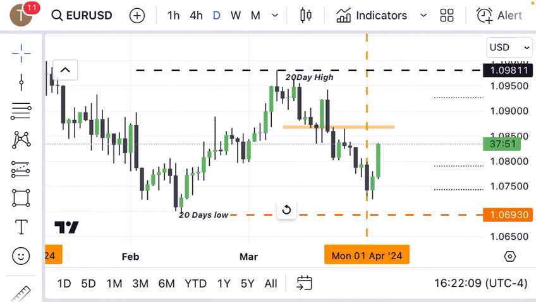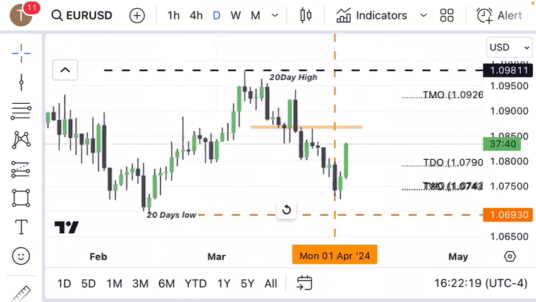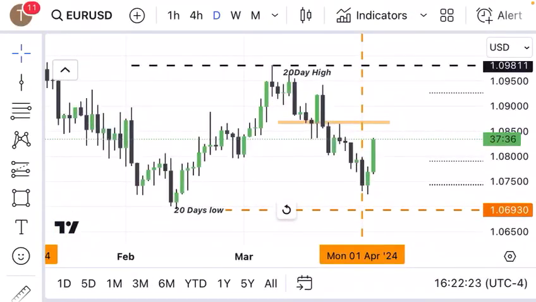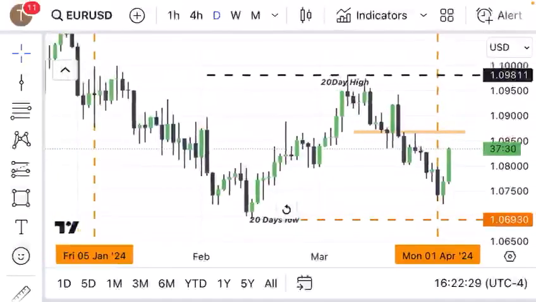And remember, when we identify open float, we count from the previous month, right? So I counted back from the 1st of March backwards. From the 1st of March, I counted 20 days and I got the 20-day highs and 20-day lows. And I also counted for the 40 days.